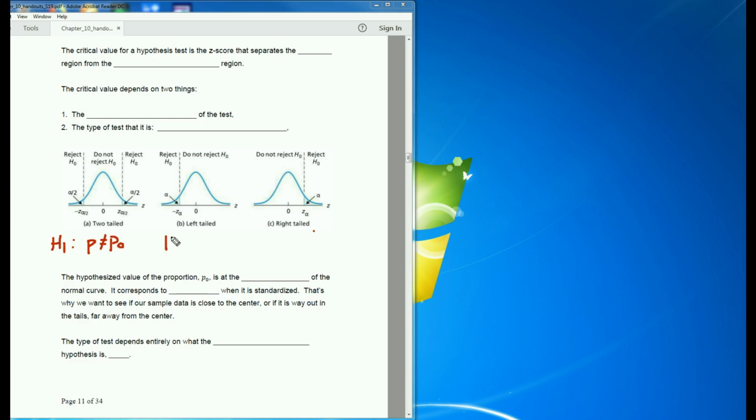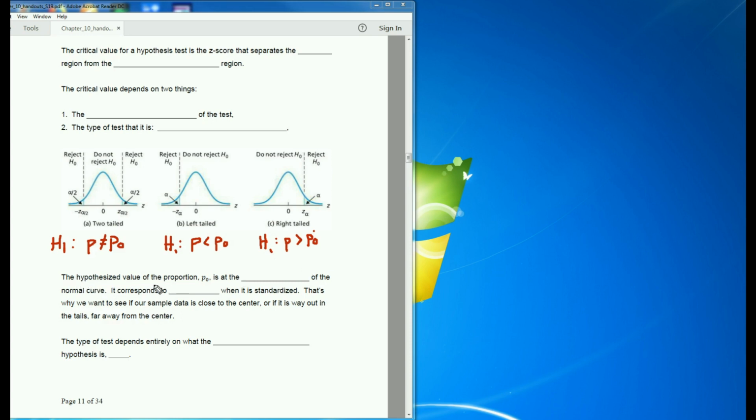For a left-tailed test, your alternative hypothesis is that your proportion is less than the hypothesized proportion. And for the right-tailed test, your alternative hypothesis is that the proportion is greater than the hypothesized proportion. Okay?